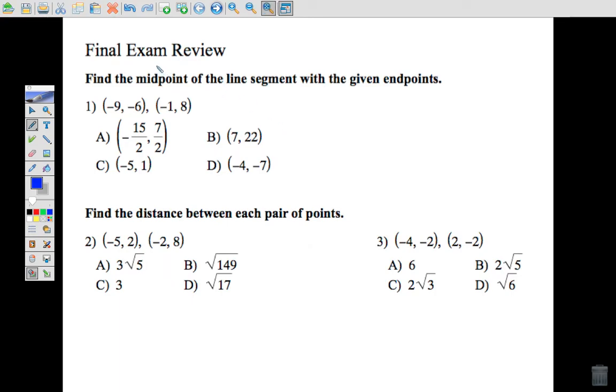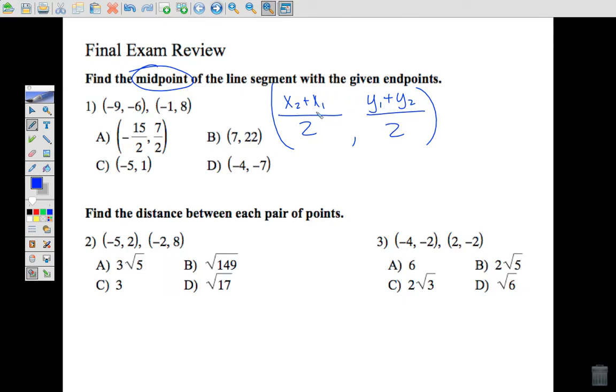So our midpoint formula is on the formula chart. It's x2 plus x1 over 2. So you basically average the x's. That gets you your x. Then to get the y, you just average your y's. And notice, I switched the 2 and the 1. Doesn't matter.